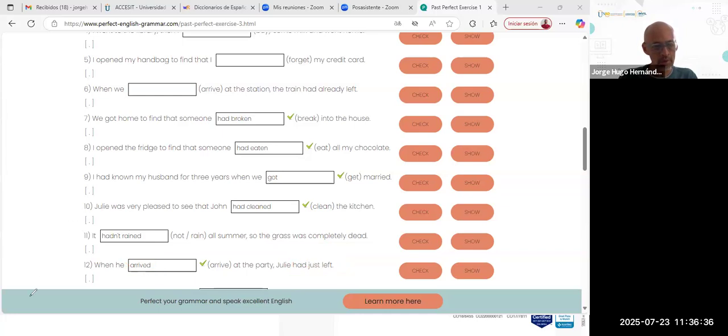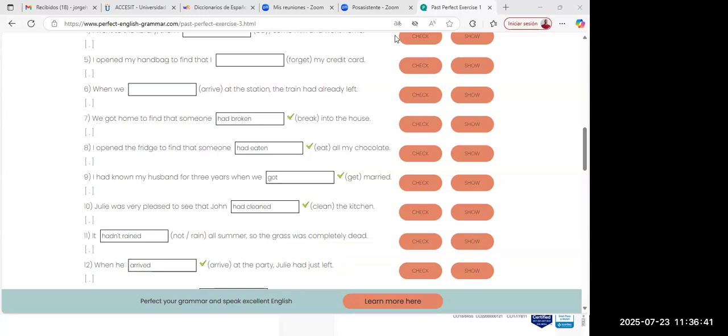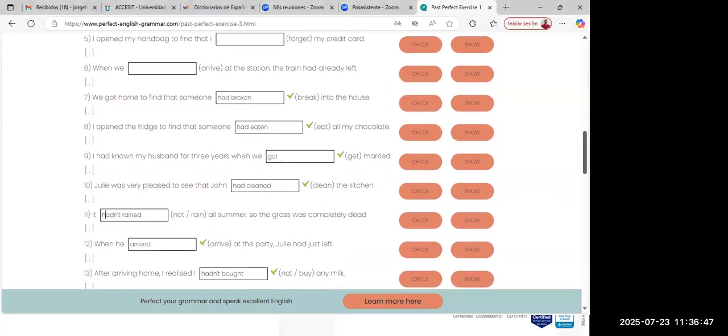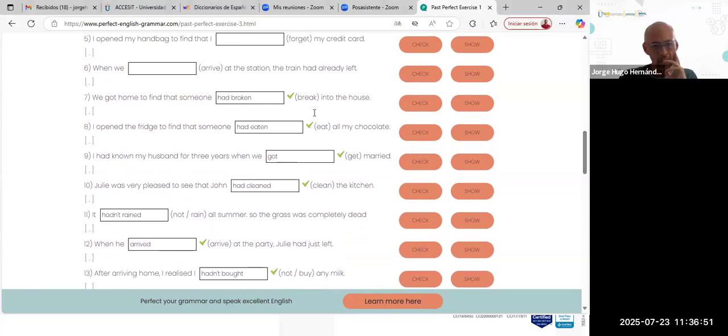Let's continue. Number 13, Paula. After arriving home, I realized I hadn't bought any milk. And, okay, here, pay attention to the pronunciation. Arrive, this one, arriving, okay? It's the same verb, but here is in past, here is with ing.